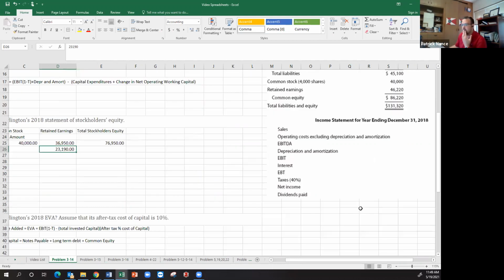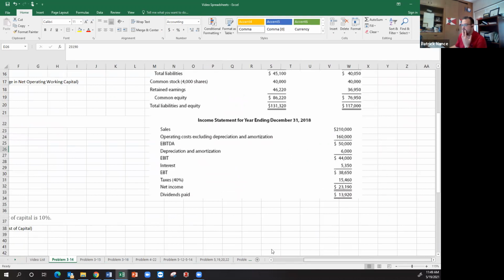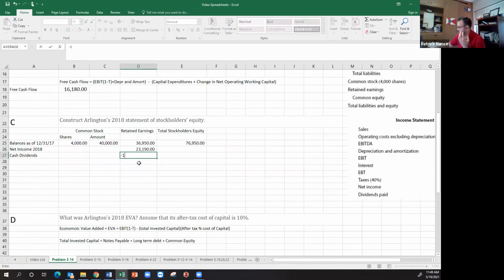Dividends paid down here at the bottom, I've got it here, 13,920. This reduces our retained earnings. So 13,920.